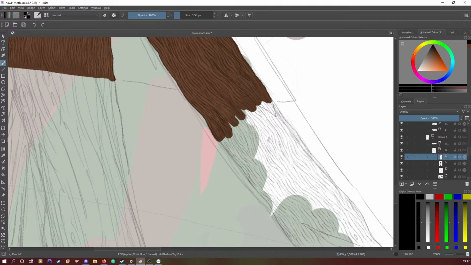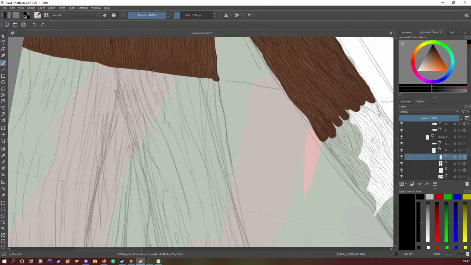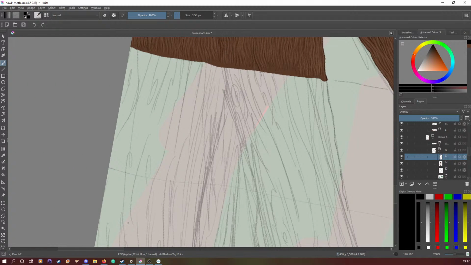Alright, so we only need to draw until here. Alright, thank you, line. I really needed that. So, the main issue here is that we need to have the tree right there. And then one more tree right there.